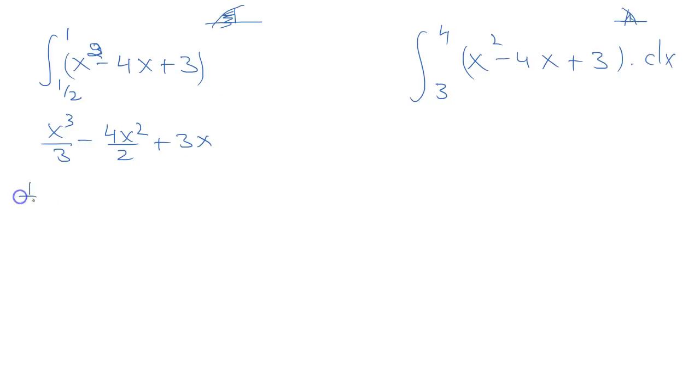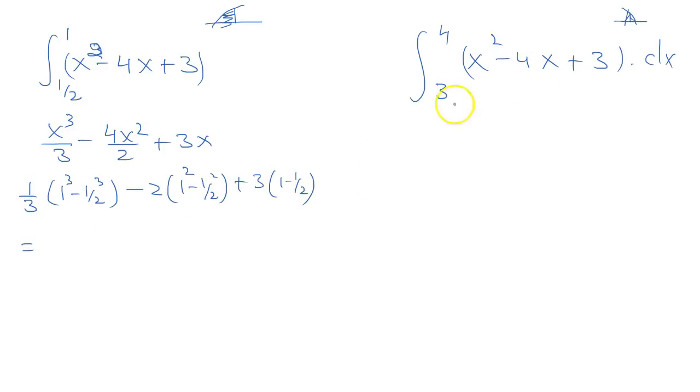So this is 1 over 3. So x³ means 1 cubed minus half cubed. Minus 4 over 2 is 2, 1 squared minus half squared, plus 3, 1 minus half.